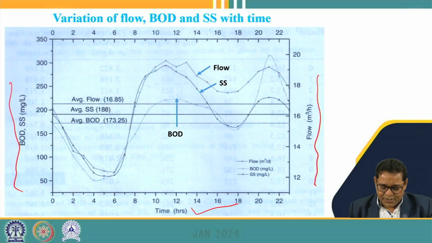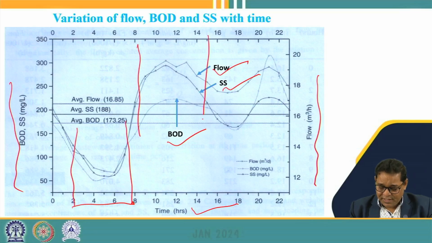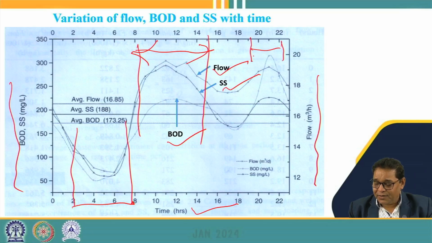If we plot for different hours the flow, the suspended solid, and the BOD concentration, we will see that during the morning hours, from 8 to 10, 11, there is a minimum flow. During the daytime there is a maximum load, and then again during the evening hours, starting from 6 to 9 p.m., there is again a peak.